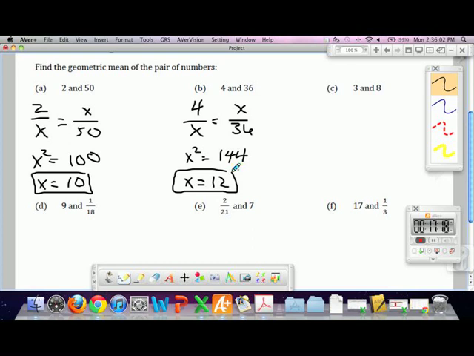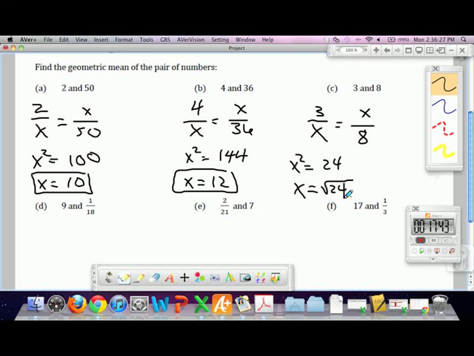How about between 3 and 8? 3 over x equals x over 8. x squared equals 24. x is the square root of 24. Oh, simplest radical form.